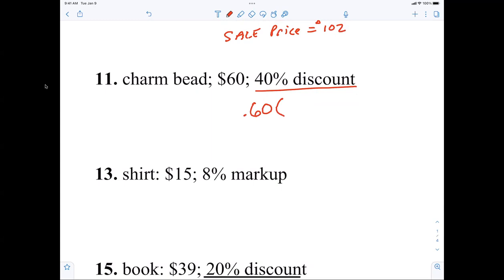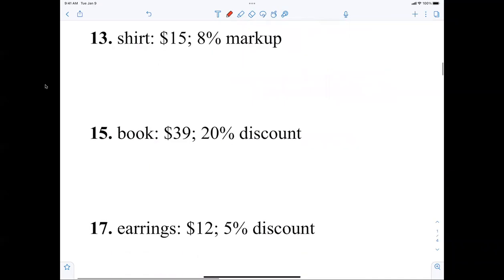Multiply 0.60 times 60. Never once have I done a division all day today. So the sale price would be $36. You understand what I'm saying, right, Miss Vaughn? Come on, get with the program. I don't want to take 20 minutes on each problem. All right, next.